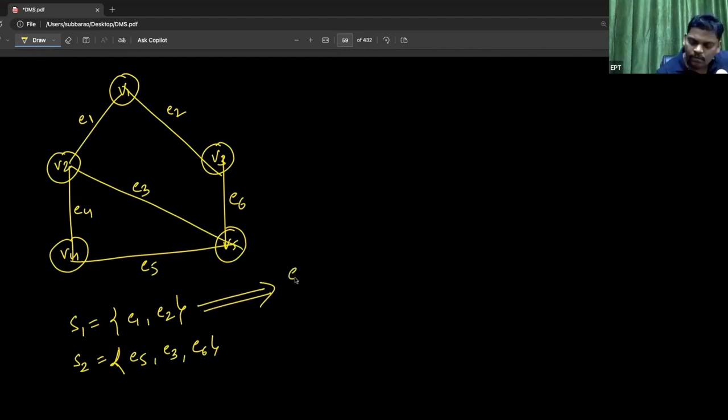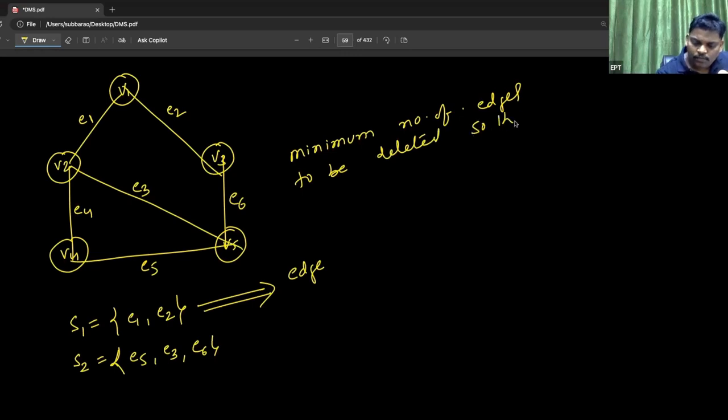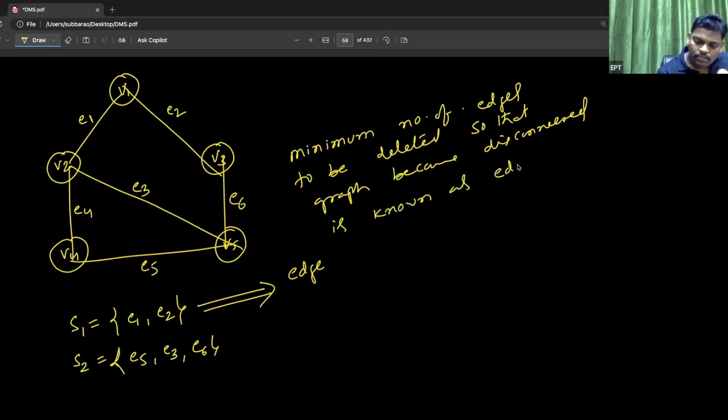Let me write. Edge connectivity number: the minimum number of edges to be deleted so that the graph becomes disconnected is known as the edge connectivity number.